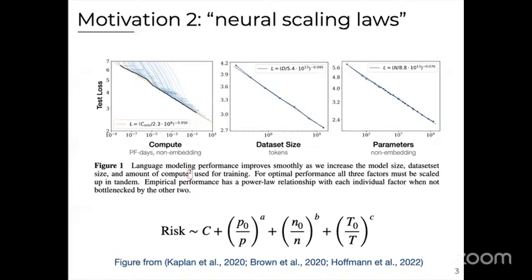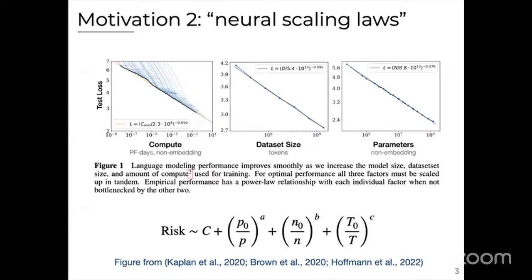Sorry, P. So P is the number of parameters, N is the number of data points, and T is the compute, the amount of compute you put in during the training. And so let's say that you fix the compute, you fix the number of data, then there is no point in going below a certain number of parameters, otherwise you're just going to hit a bottleneck and the error is not going to decrease.